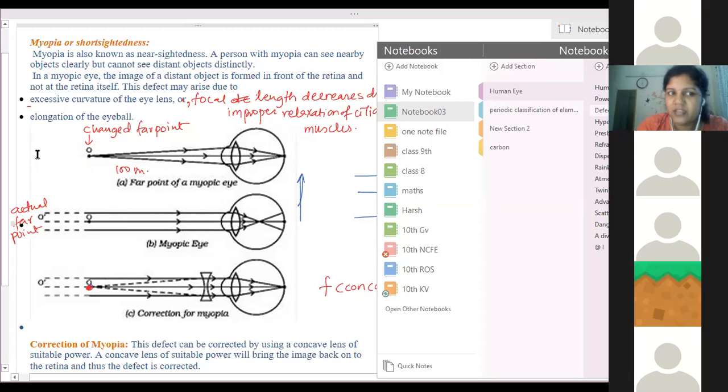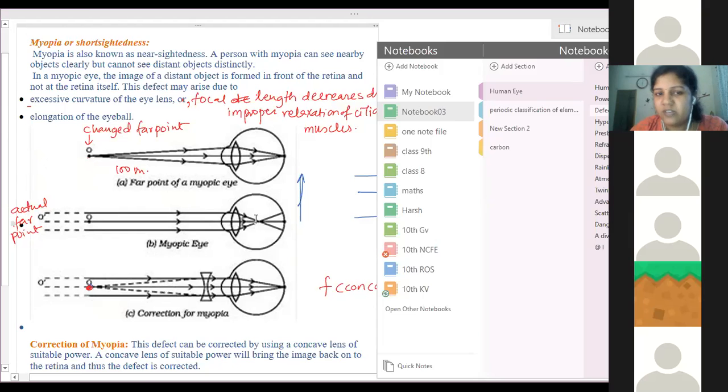Beyond this limit, the person is not able to see clearly. Anything lesser than this distance, the rays will fall on the retina and the brain can process that information and the person can see that object clearly. But the problem is, for anything present beyond this, the rays from that object reach here, so the brain is not able to process.